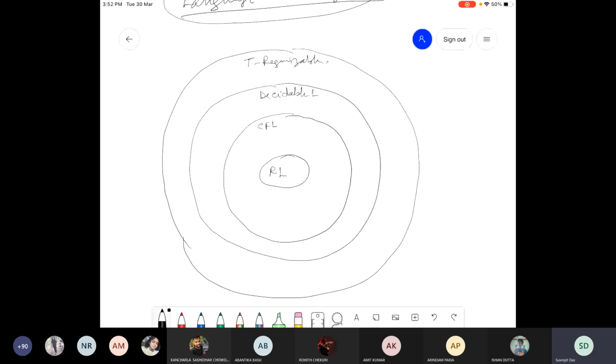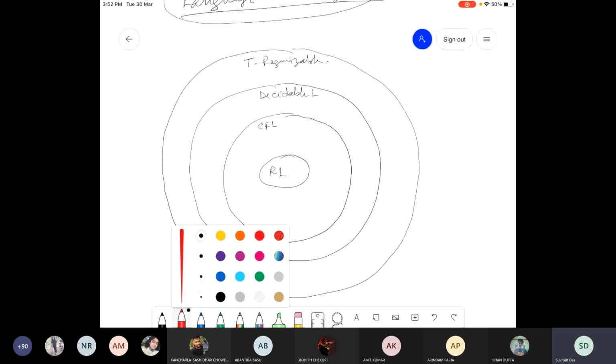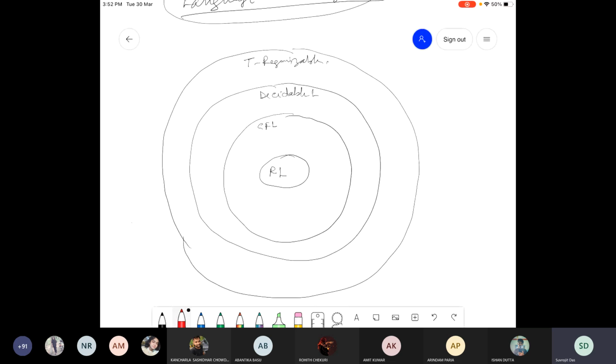Within this context-free language space, I talked about three more classifications. Those are the unambiguous languages, and within unambiguous languages, the LRK languages, and within LRK languages, the LLK languages.